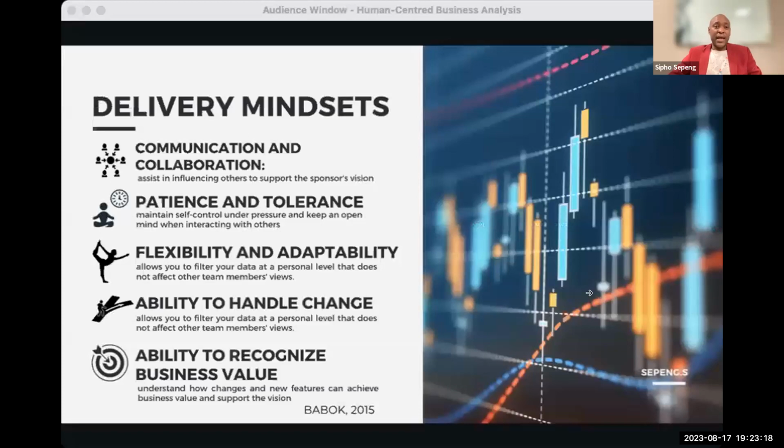Next, we'll look at some delivery mindsets. And so BABOK incorporates values and principles of the Agile Manifesto, which are based on a humanistic view of product development as a process founded in communication and collaboration.